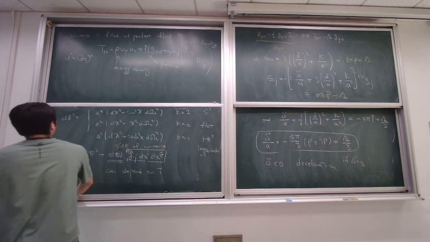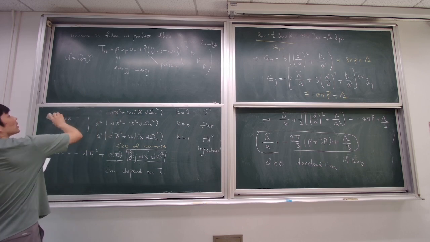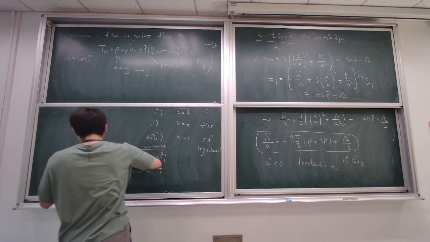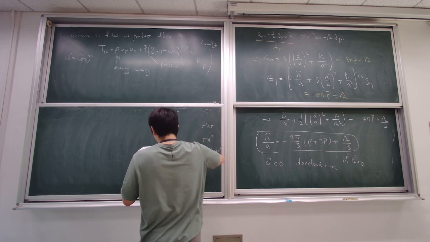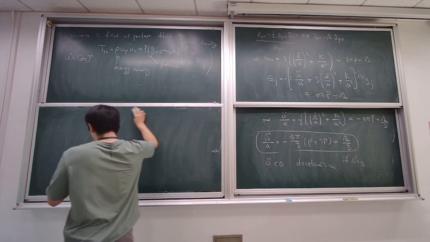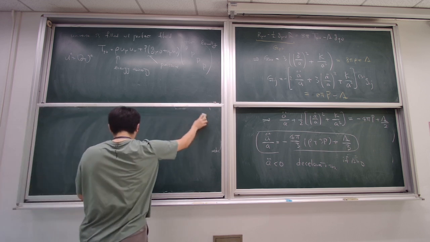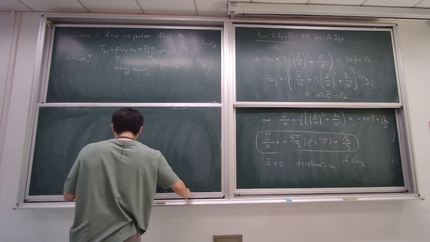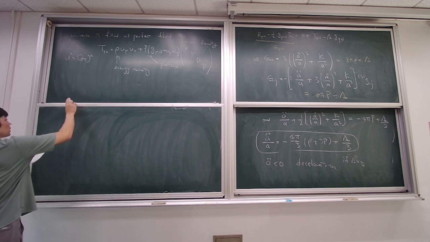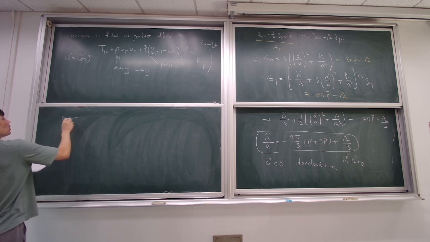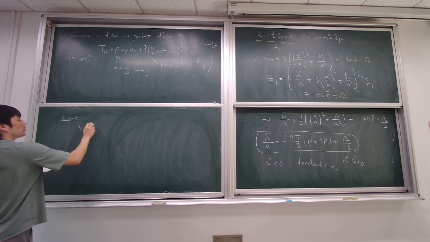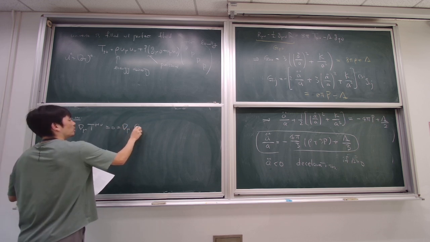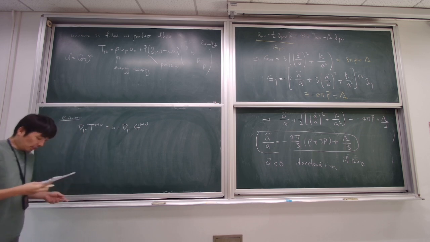Okay, and now we can just focus. So far we just solved the Einstein equation, but now we consider the equation of motion. The equation of motion is del mu T mu nu equal to 0, which is equivalent to del mu G mu nu equal to 0.